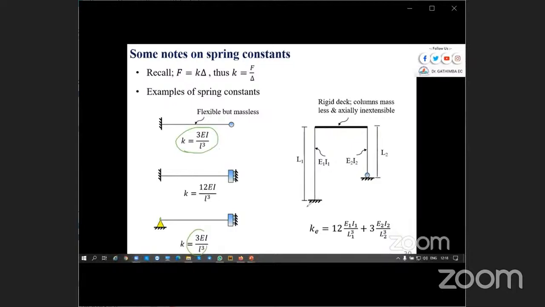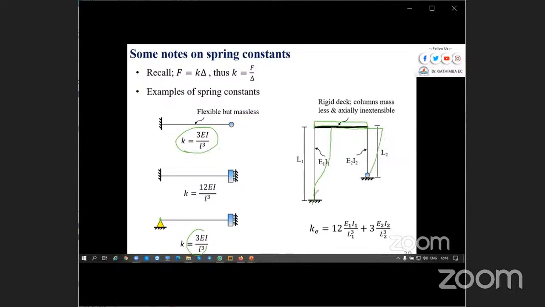And you give an example here. This is fixed, this is pinned. If this is rigid, meaning there's no deformation at all, then our structure does not deform.